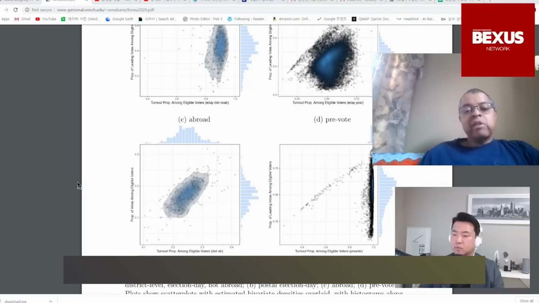So what I did in the way I specified the eForensics model was to include what I call covariates, indicators for the administrative process that was used to produce each of the aggregation units. There's a separate indicator for pre-vote, for postal, for election day, for abroad, and for something called disabled ship, which I don't know what that is exactly, but it also had different characteristics.